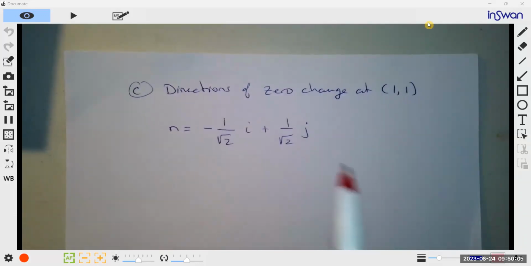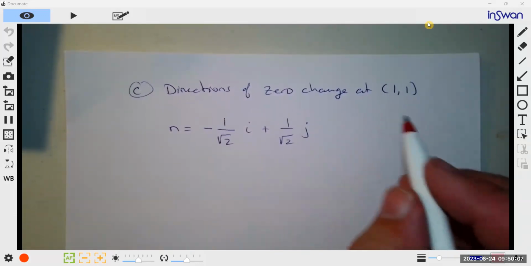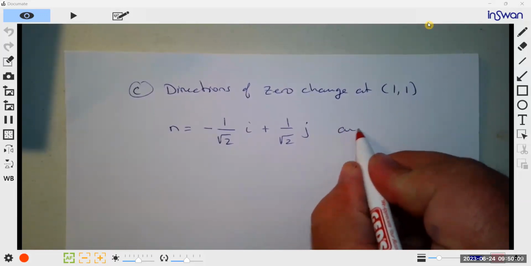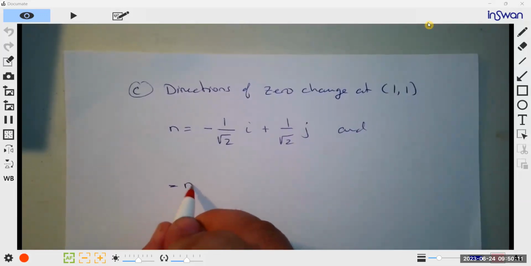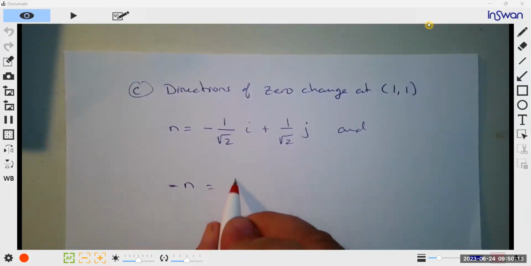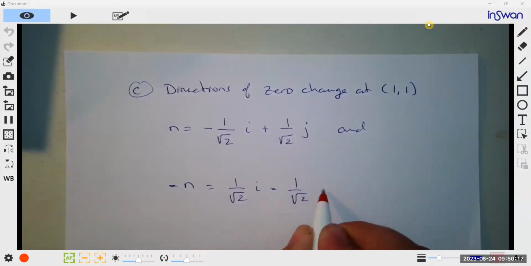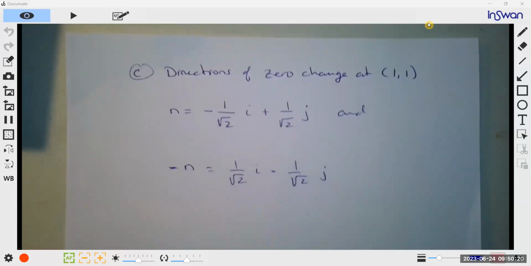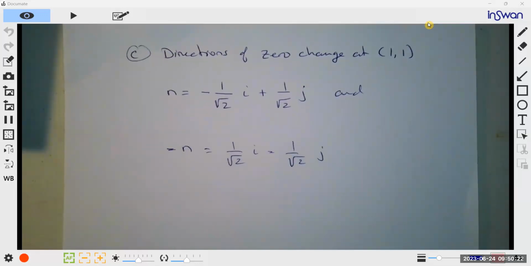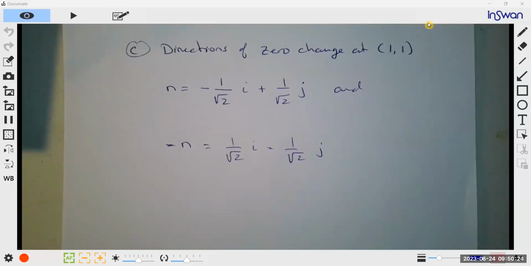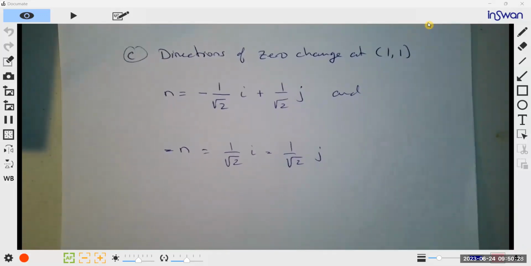They cancel each other out, so they're opposites. And at negative n, which is 1 over radical 2 i minus 1 over radical 2 j. And that's all there is to those.